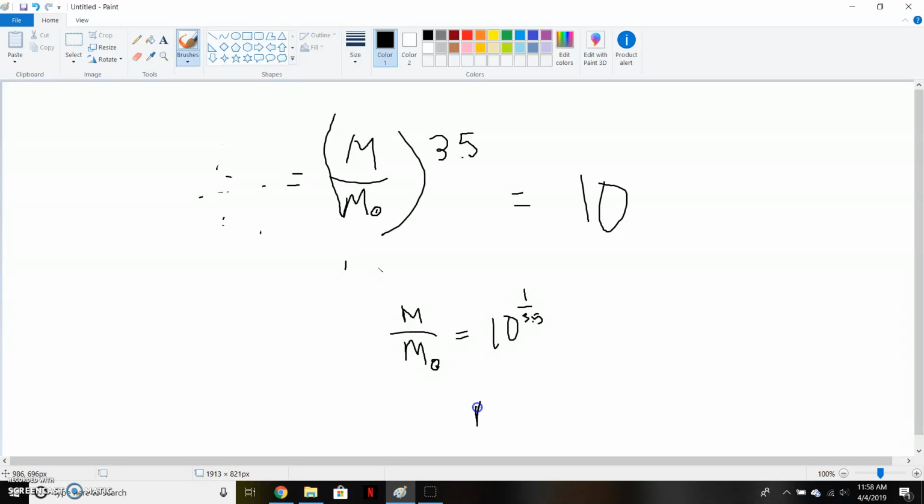So M would be 10 to the 1 over 3.5 times the mass of the sun.